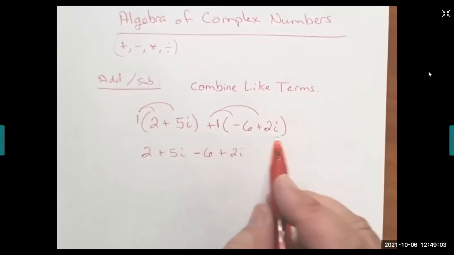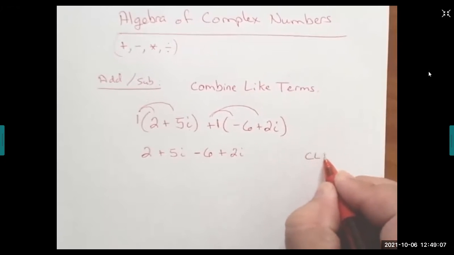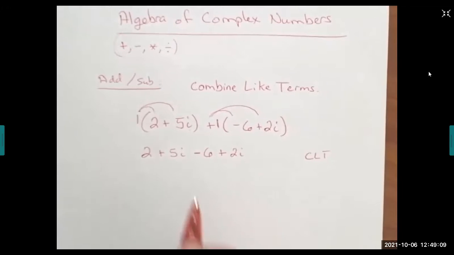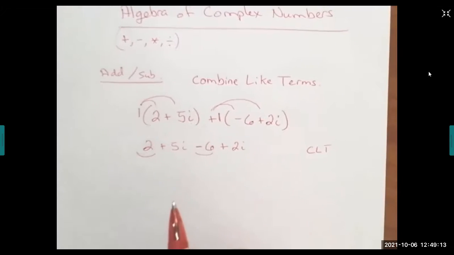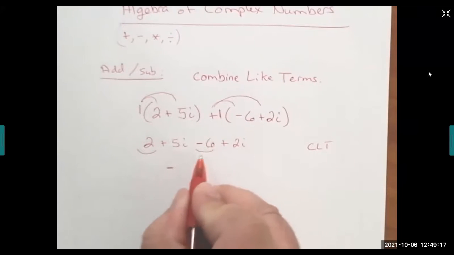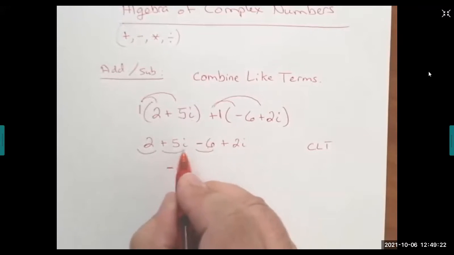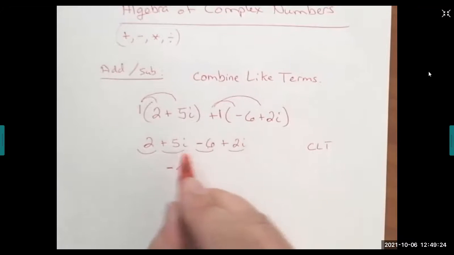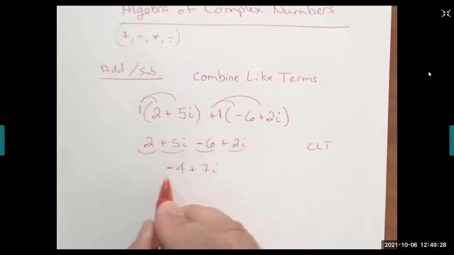Whenever you get rid of parentheses, you always have to combine like terms. Positive 2 minus 6. The 6 is bigger, so the answer is negative. 6 minus 2 is 4. Then the imaginary numbers. 5i plus 2i. They're both positive, so it's 7i. There's your answer.